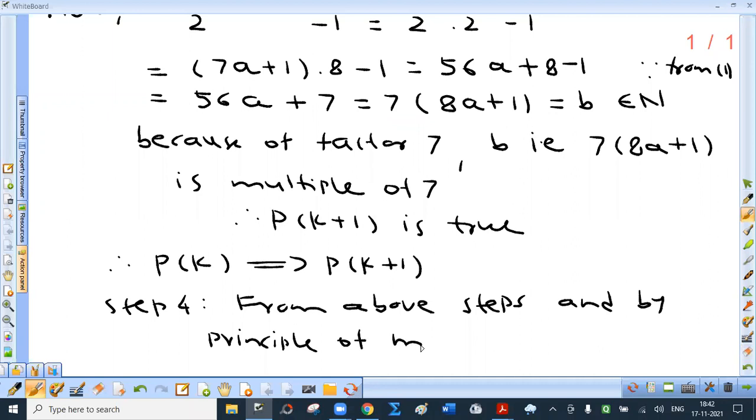Principle of mathematical induction. The basic principle is to write a detailed solution if you want full marks.